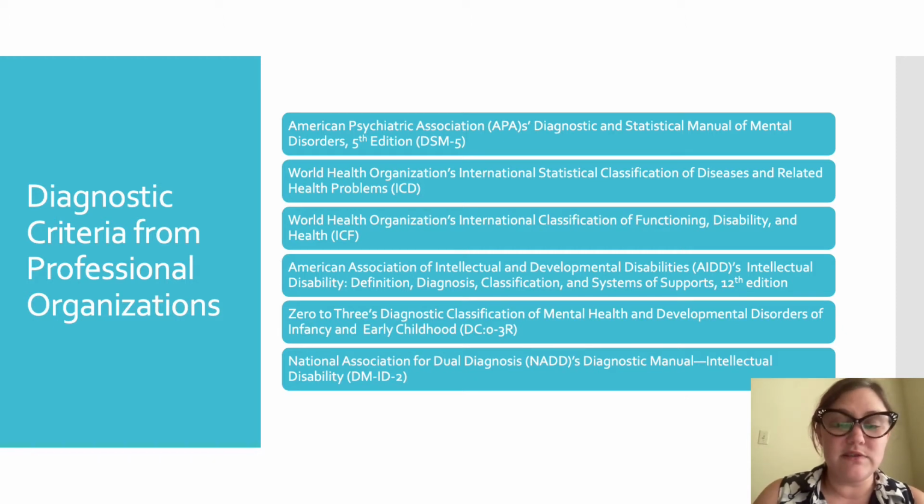And then these last two listed here are to show you that there are also specialized organizations that further define criteria within developmental disabilities. One of those organizations is 0 to 3. They have their own diagnostic classification of mental health and developmental disorders of infancy and early childhood.